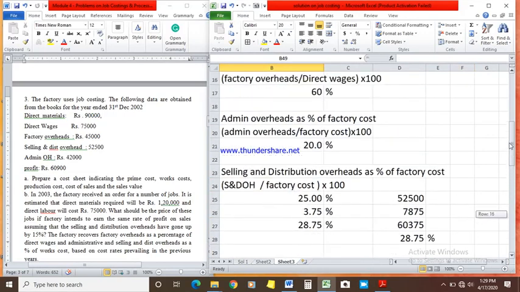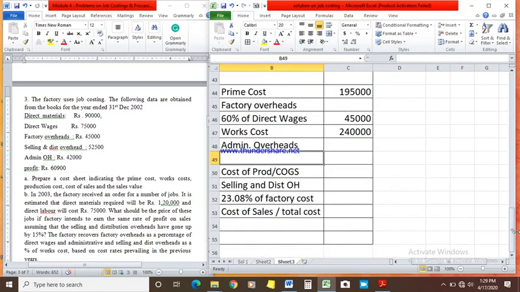The administrative overhead is going to be 20% of factory cost, that is 2,40,000. So these two will get the answer as 2,88,000.